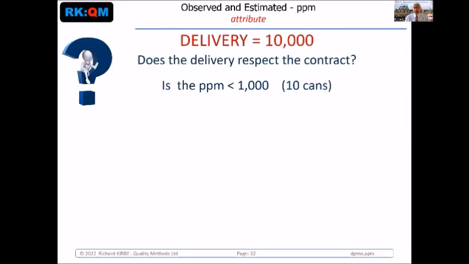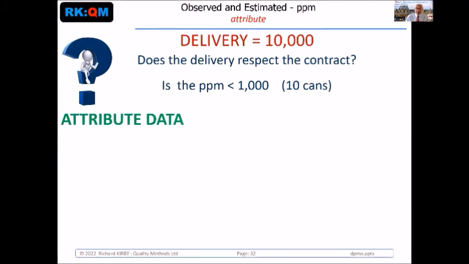Now we can look at some attribute data, where the challenge is having sufficient samples. If we're going to deliver 10,000 cans, how many samples should we take to check that the quality meets the contract? In this case, less than 1,000 ppm defective, or less than 10 cans in the delivery of 10,000.